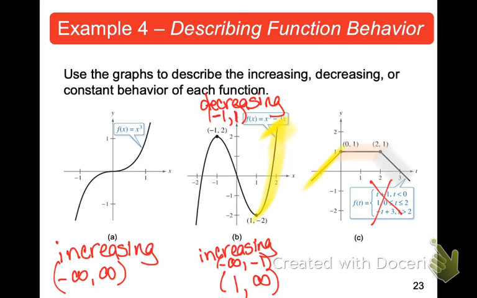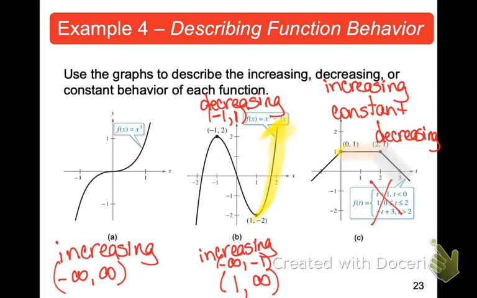And what's happening here and what's the interval? Pay attention to those points. So that's 0, 1, and 2, 1. What interval are you increasing?